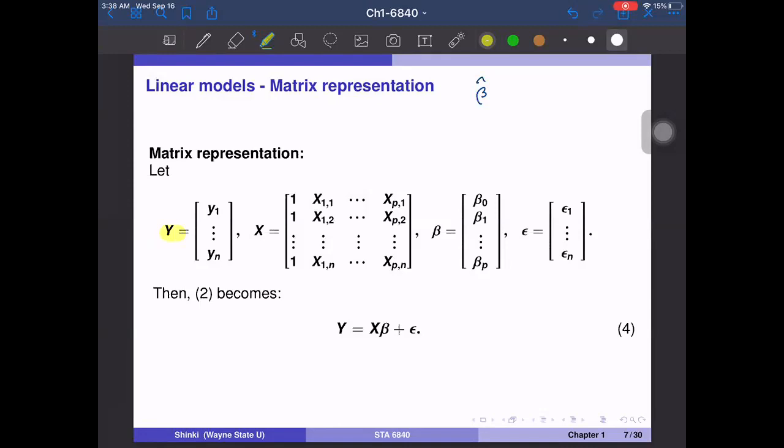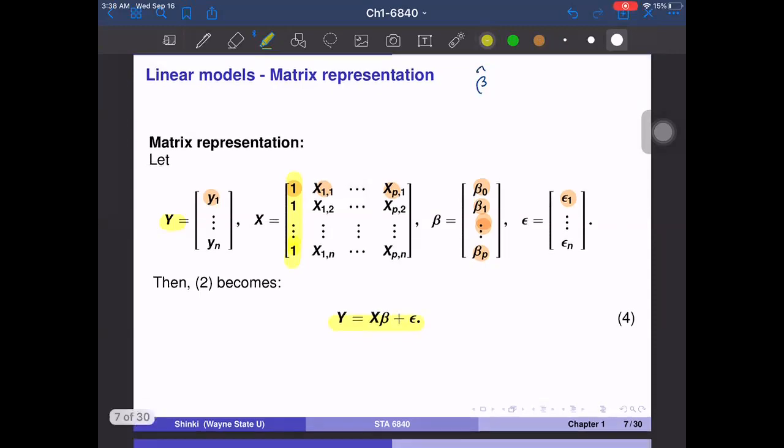Each column corresponds to one variable, but the first column corresponds to the intercept. So you can see that y1 is equal to beta naught times 1 plus beta 1 times x1 up to beta p times xp1 plus epsilon 1. With this notation, the linear model for n observations becomes this simple form.